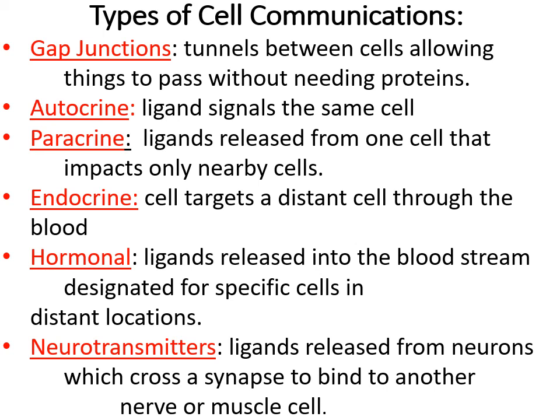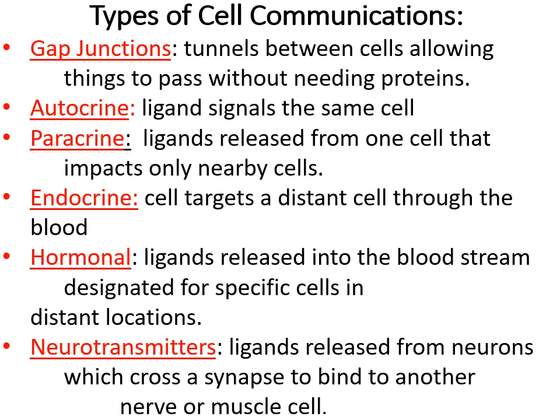So you have a little gland in your brain called your pituitary gland. It releases a tremendous amount of hormones, and all those hormones go to different cells depending if the cell has a receptor for them.